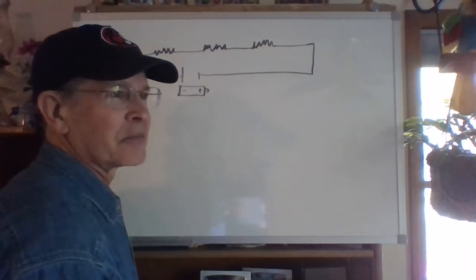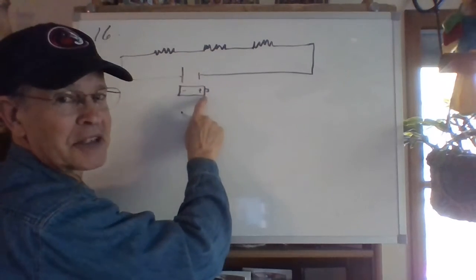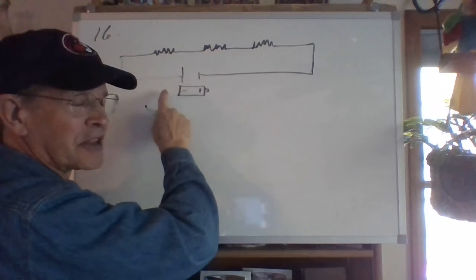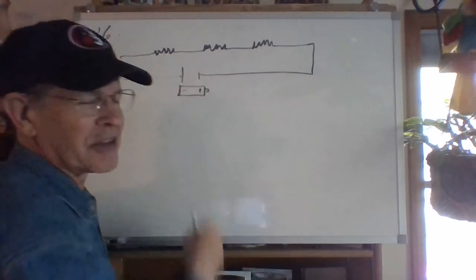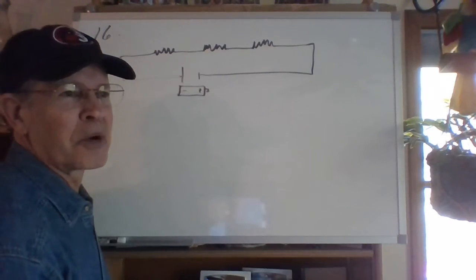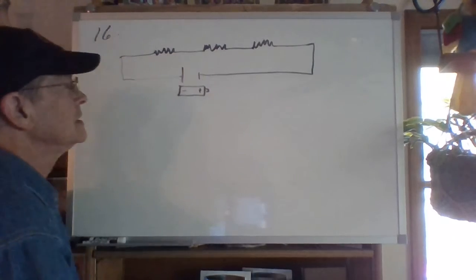Of course, Ben Franklin thought that positive things flowed from the positive end to the negative end. It's actually the negative things are flowing from the negative end to the positive end. But the equations are still the same. One model works as good as the other. Neither one of them work perfectly.